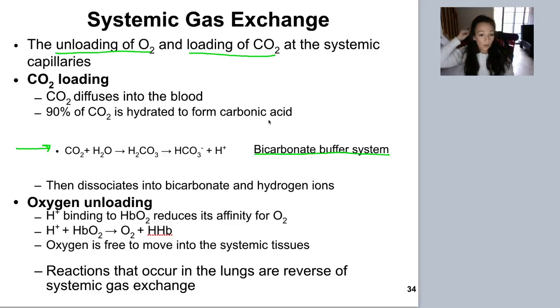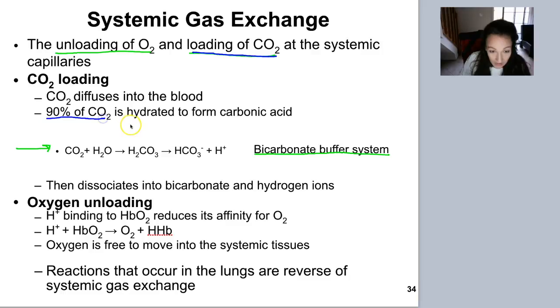Okay, so when carbon dioxide comes into our blood from our systemic tissues, that's what we just said is going to happen. Carbon dioxide is going to be loaded into our blood from our systemic tissues. 90% of that carbon dioxide is hydrated, and it forms something called carbonic acid. That's what we see in this equation right here.